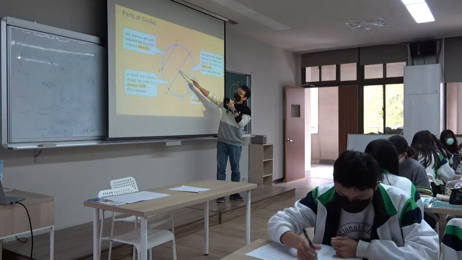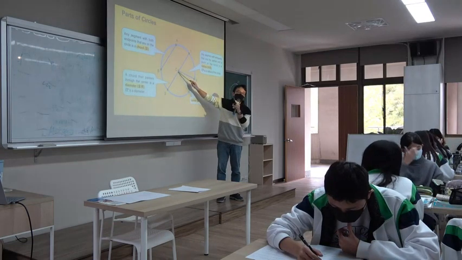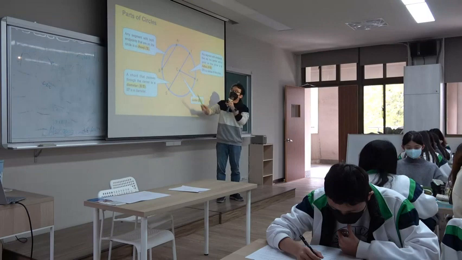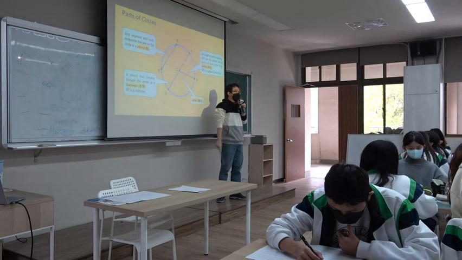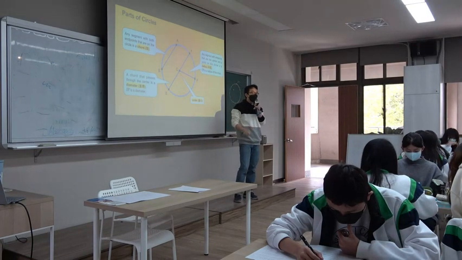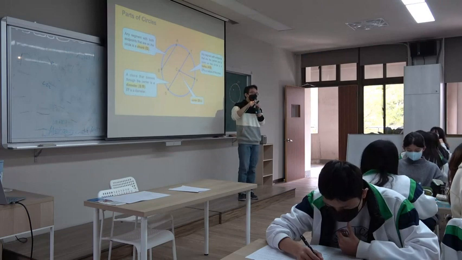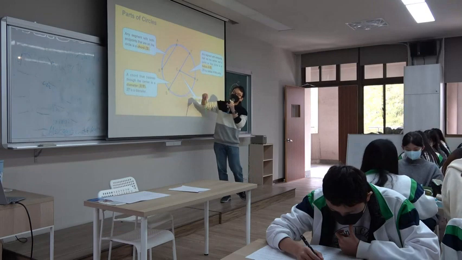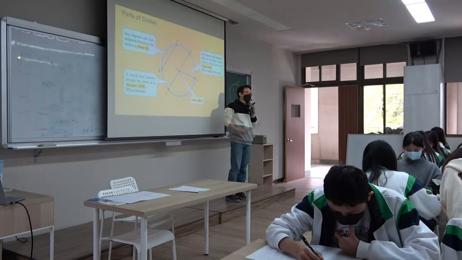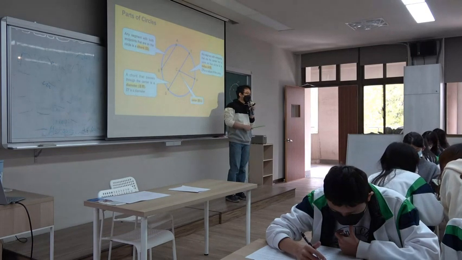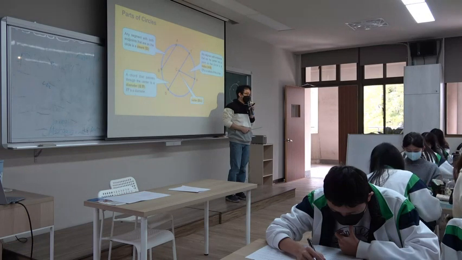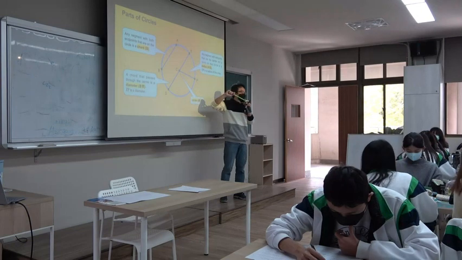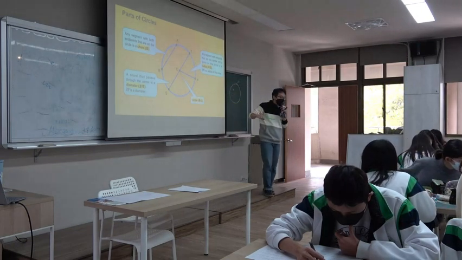So the center is the midpoint of any diameter. Midpoint, 中点, okay? And the length of any diameter is twice the radius. Okay? The length of any diameter is twice the radius.